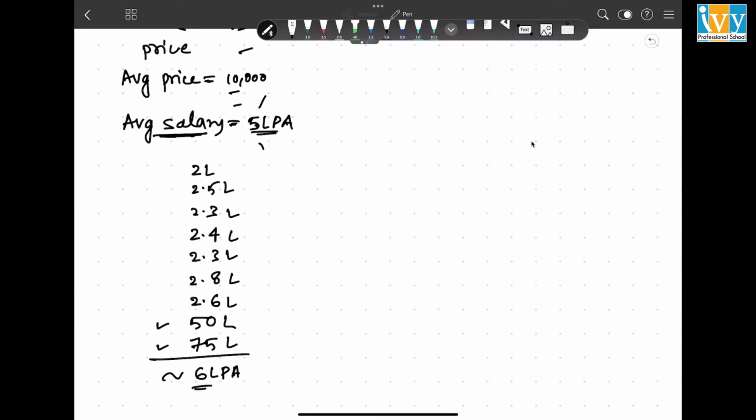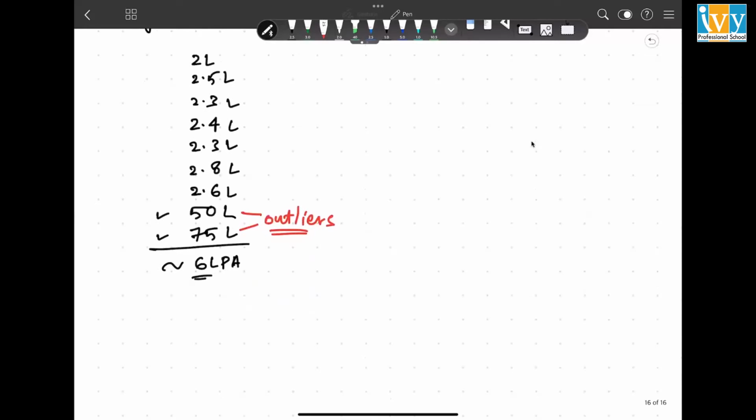But you are neglecting the fact that only a few students got very high salaries, and those are outliers in the data that have skewed the average. So mean is affected by outliers.